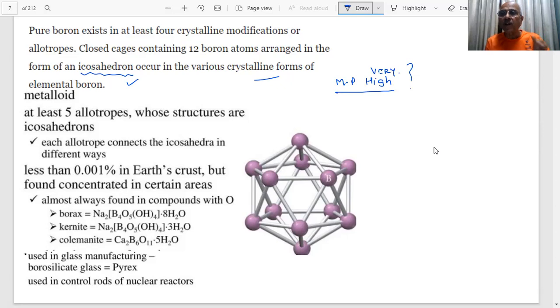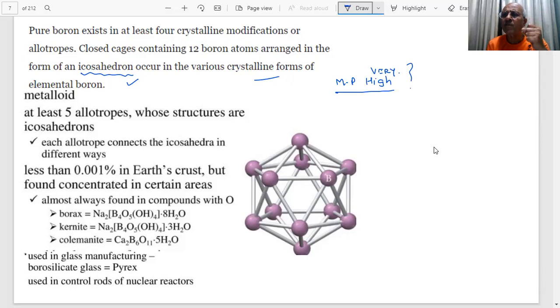There are always questions on melting and boiling points. They depend on what type of attractive forces are holding the particles together.